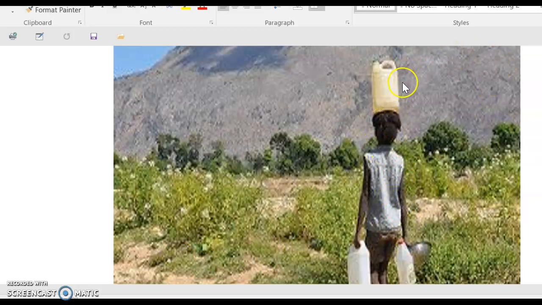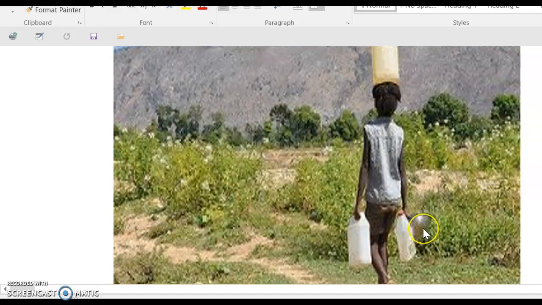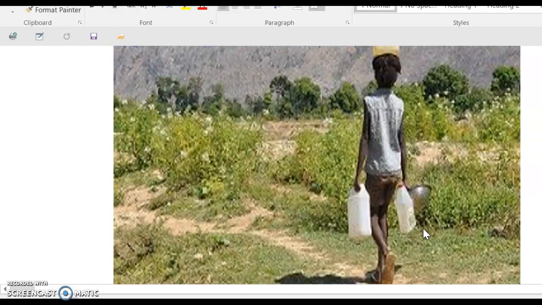She is carrying something on her head. She's got 2 plastic bottles in her hands and a bowl of some sort. She's got thongs on. What she's wearing looks like it would be a hot weather. So that's what I actually see.